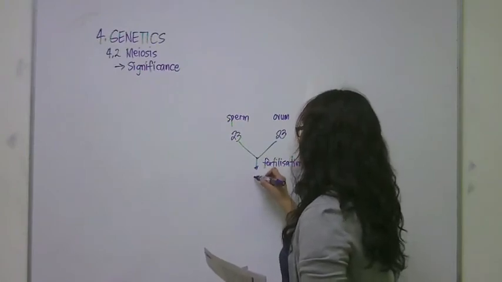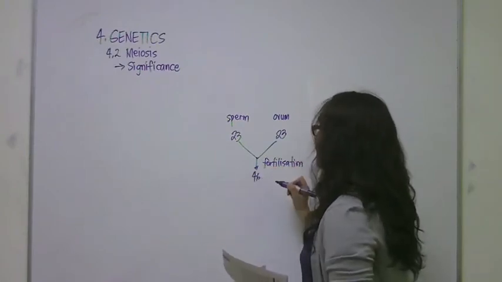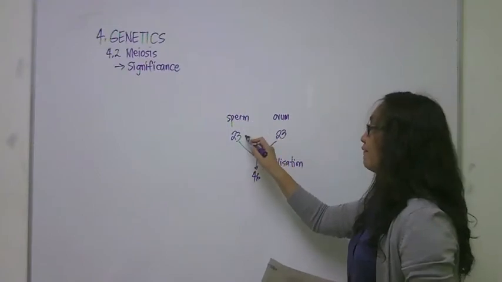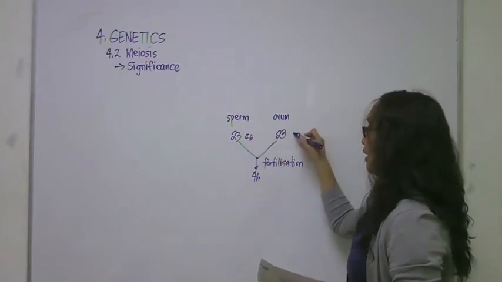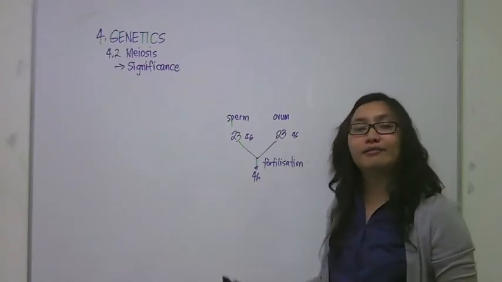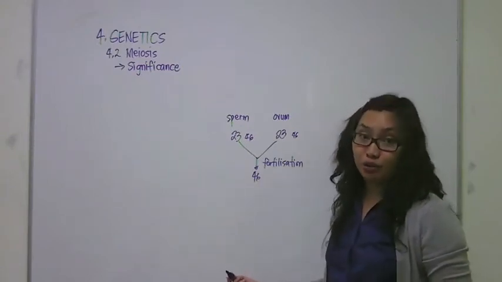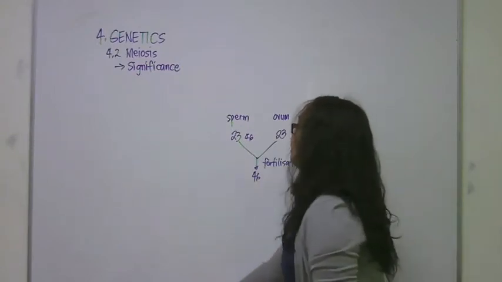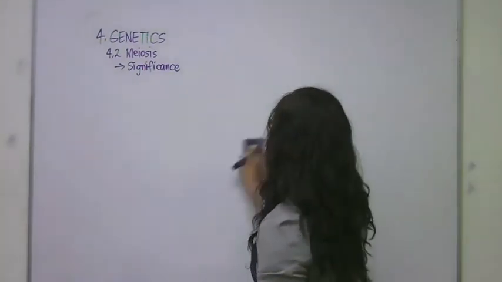So it's not logical for the sperm cell to have 46 and the ovum to have 46 as well, because whenever they fuse together, it will have a different number of chromosomes in the end. So that's the significance of meiosis.